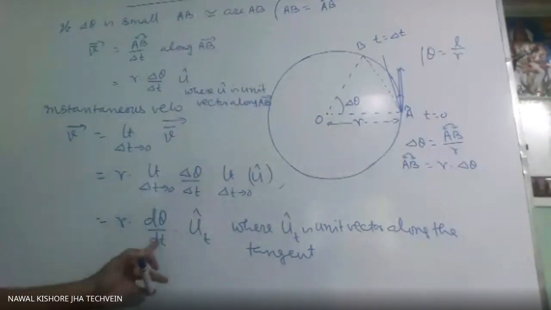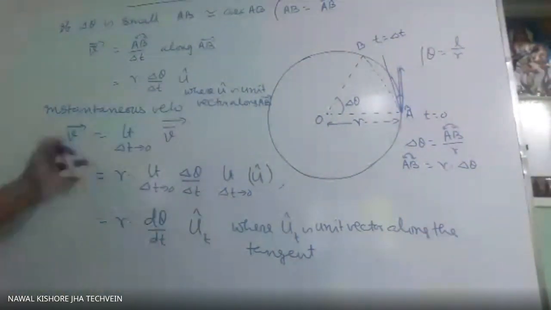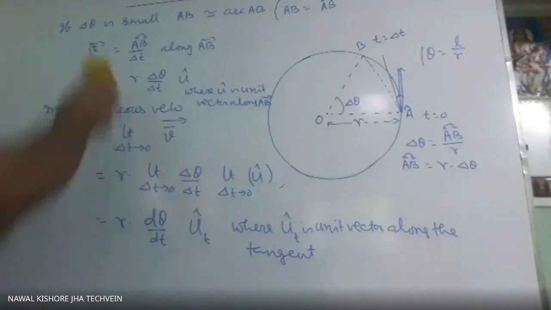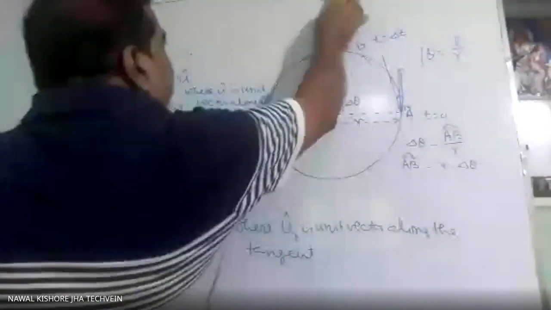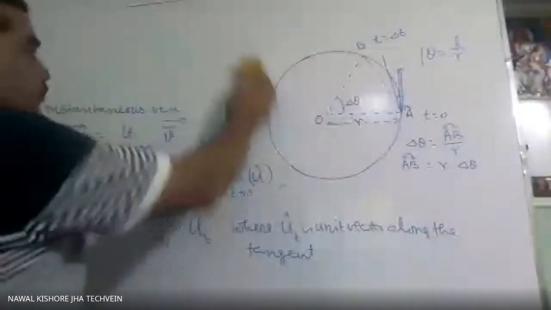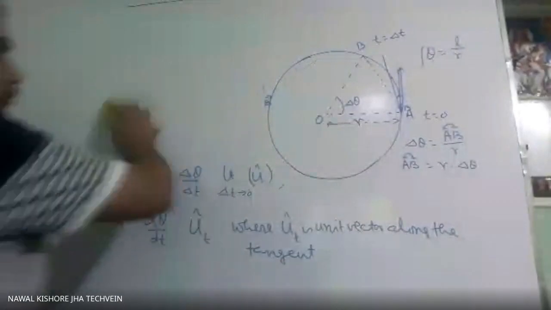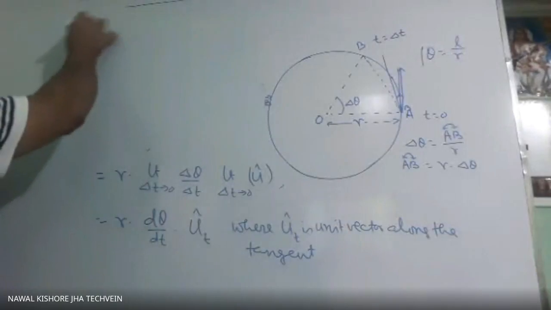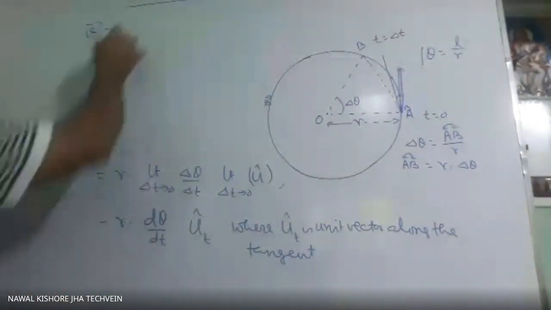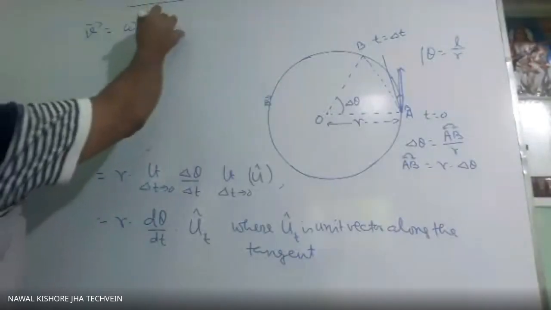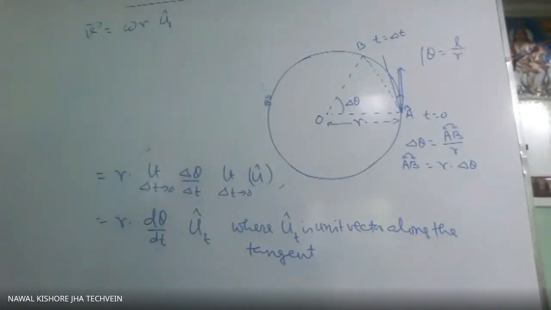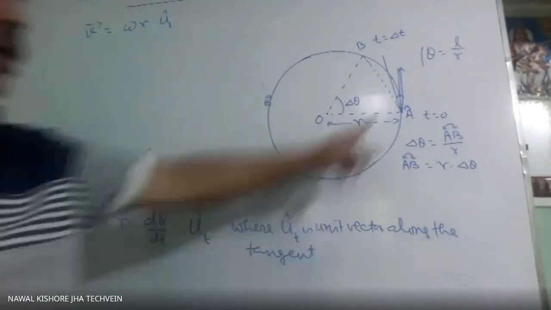Now this d theta by dt is omega. So V is r omega or omega r, and the direction is along the tangent at that particular point. So magnitude is omega r and direction is along the tangent. Here the tangent is like this.